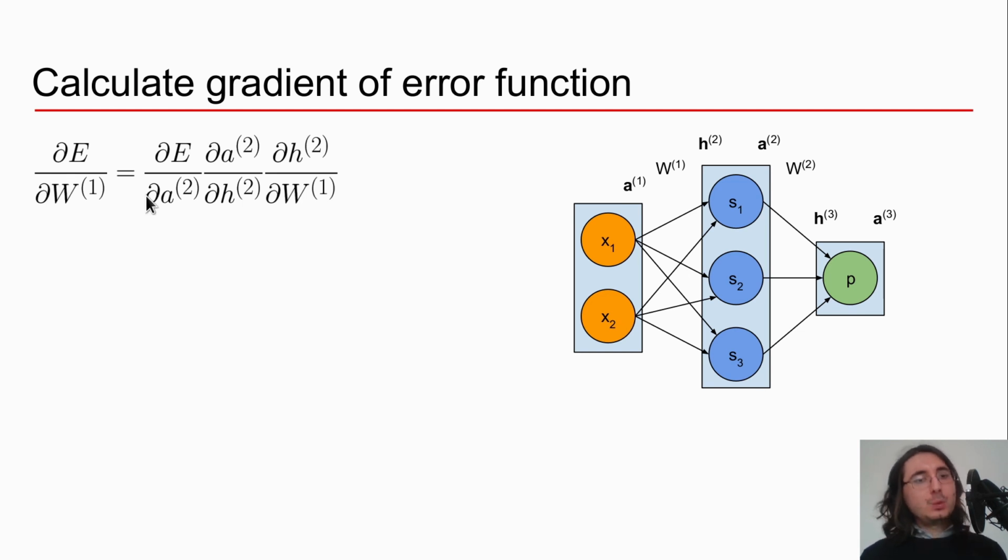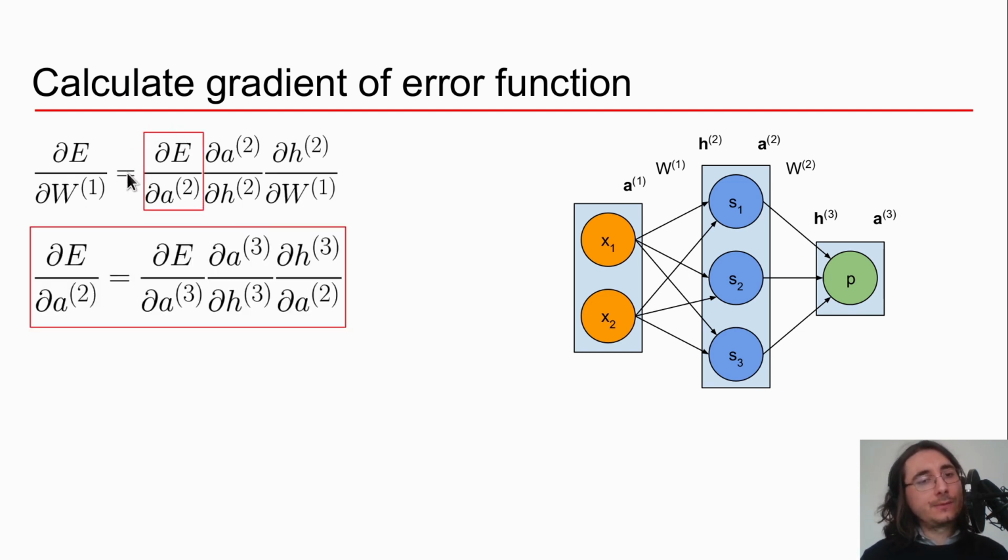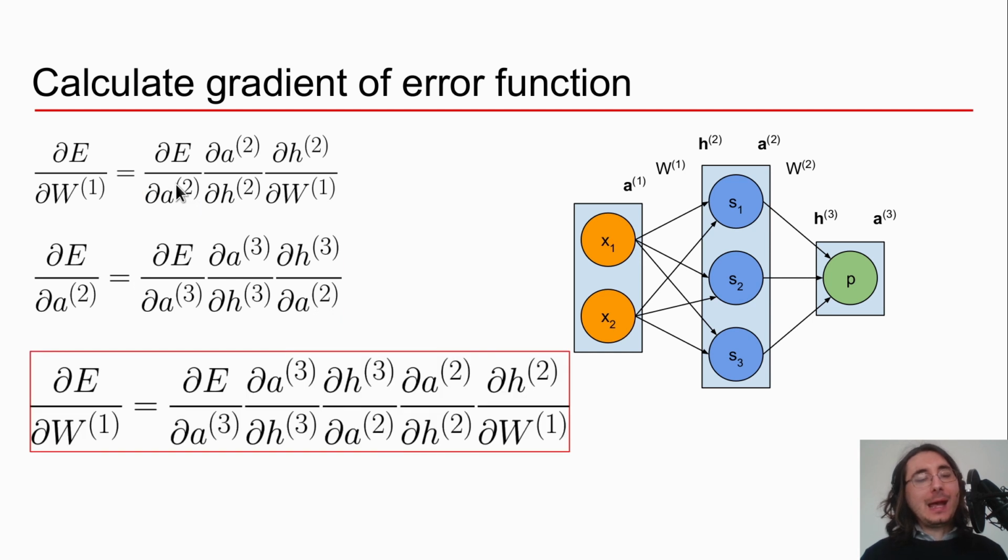Cool. So we can get this first element here, the derivative of E with respect to A2, and using the chain rule again, we can rewrite it as this formula down here with these 3 blocks. Now, if we take all of this and plug it in here, we're going to end up with this beast formula for the derivative of E with regard to W1, which is given by all of these 5 elements.